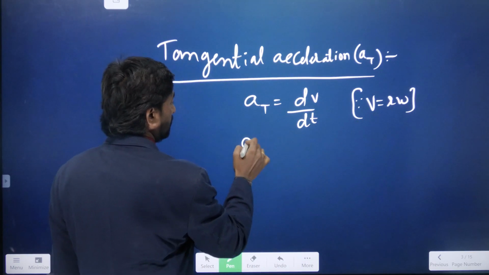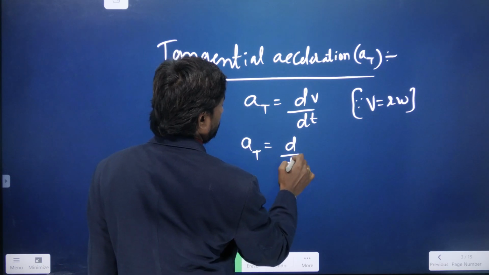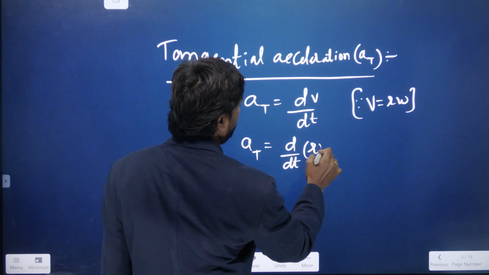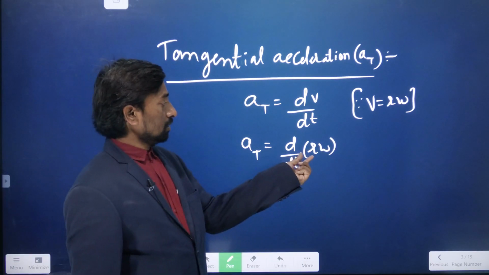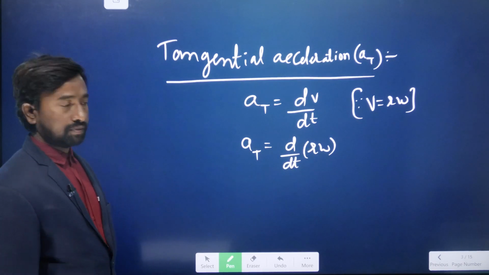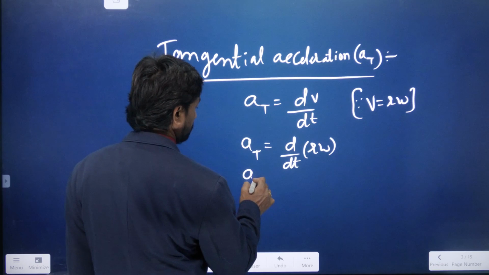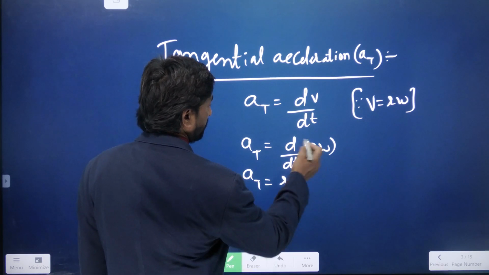So tangential acceleration AT is equal to d by dt of r omega. If a body is moving in a circular path, the perpendicular distance or the radius of the circle does not change, it will be constant. So AT is equal to r times d omega by dt, since r can be taken out of the differentiation.